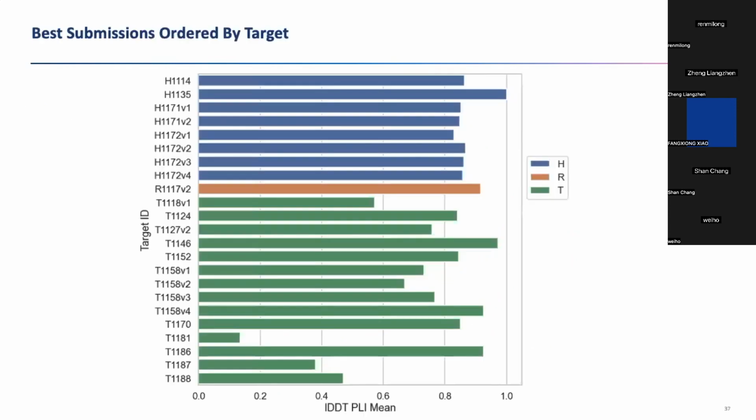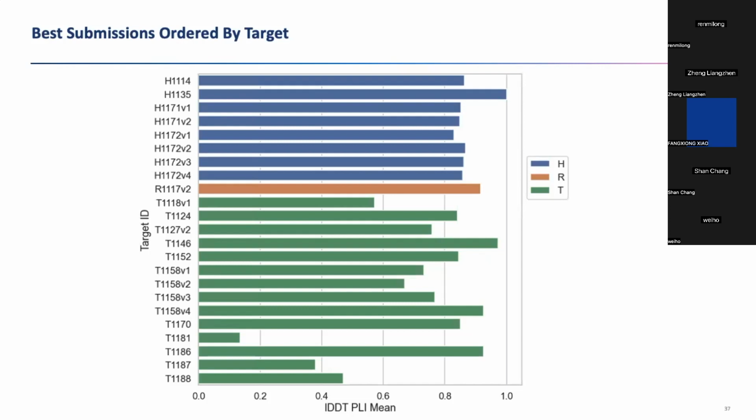This is just an overview of the submissions that we had, grouped by target category. As I mentioned, I think 0.8 represents a pretty good structure. So you can see that we did less well on the multimeric structures, but most of the homomeric structures look good.